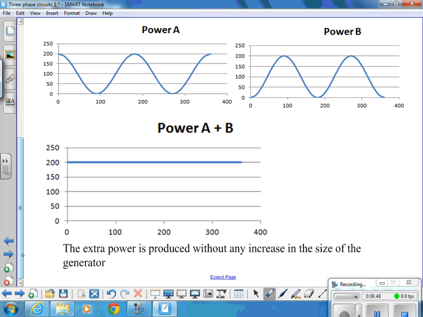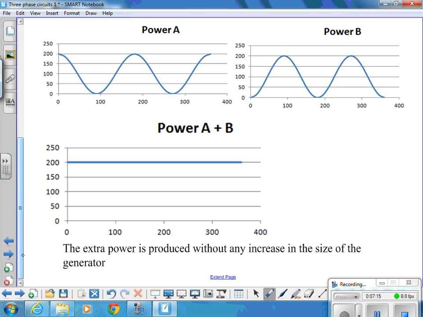Effectively, the power from B fills in the gaps in power from A, and therefore we get a straight-line power, but at 200 watts. So the extra power is produced without any discernible increase in the size of the generator. All I've done is added an extra coil 90 degrees out of phase with the other coil.